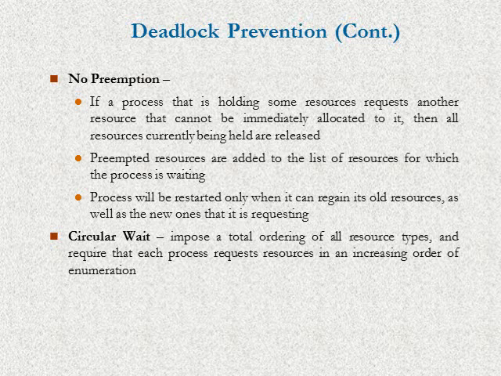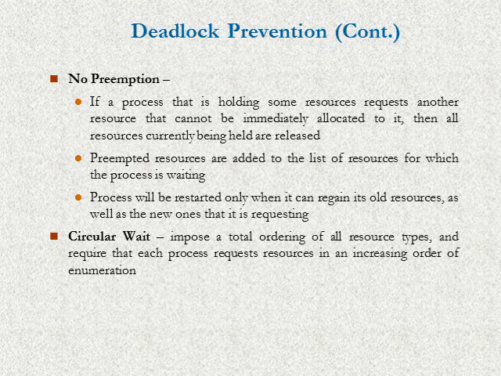This total ordering forms a hierarchy of resources where two resources may not be at the same level. This hierarchy, which is one way, prevents the processes from requesting the resources in the opposite direction. So it prevents the whole system from forming a cycle among multiple processes that are present in the system at any given time.